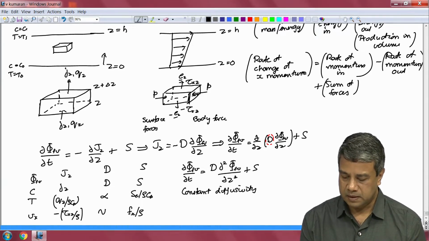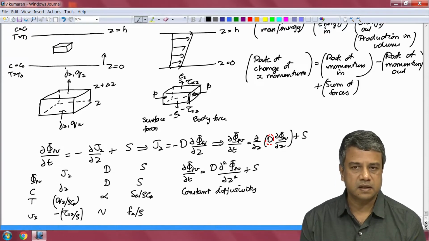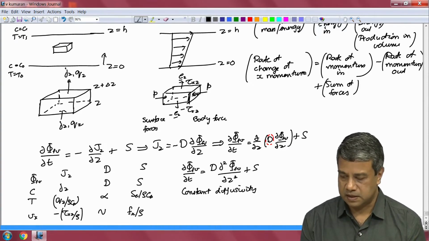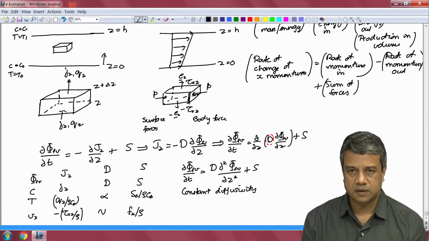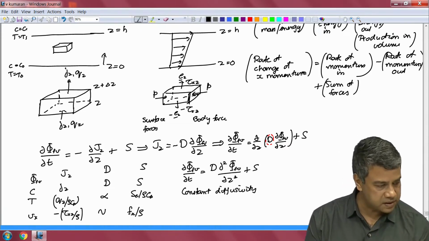The point to note is that the fluxes for mass and heat transfer are defined positive in the plus z direction. The flux for momentum transfer is defined as positive if it acts on the volume below the surface, so that the outward unit normal is in the plus z direction.